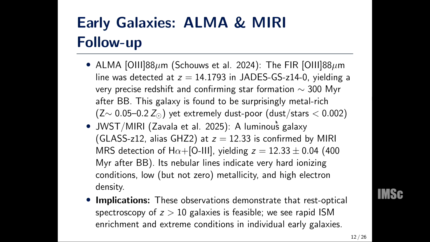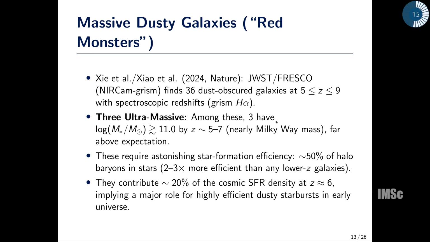The implications of these objects is that rest frame optical spectroscopy of z greater than 10 galaxies is feasible with the JWST MIRI instrument. We see lots of rapid ISM enrichment and extreme conditions prevailing in high redshift galaxies.